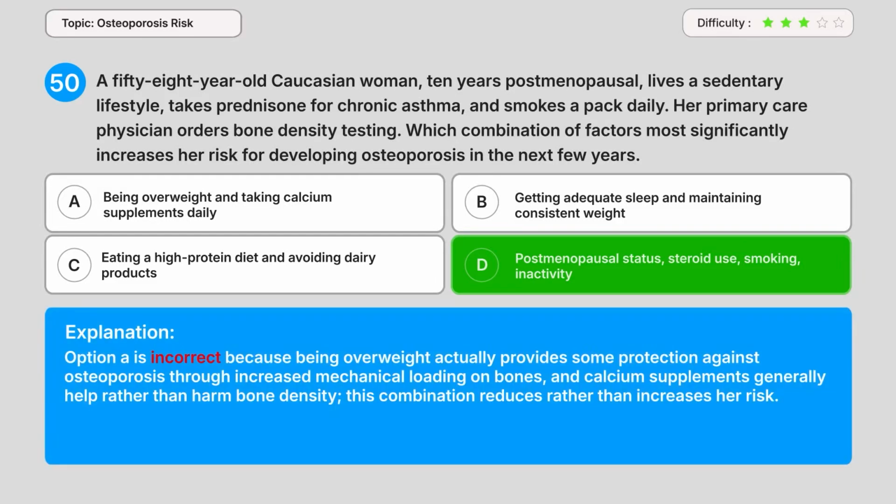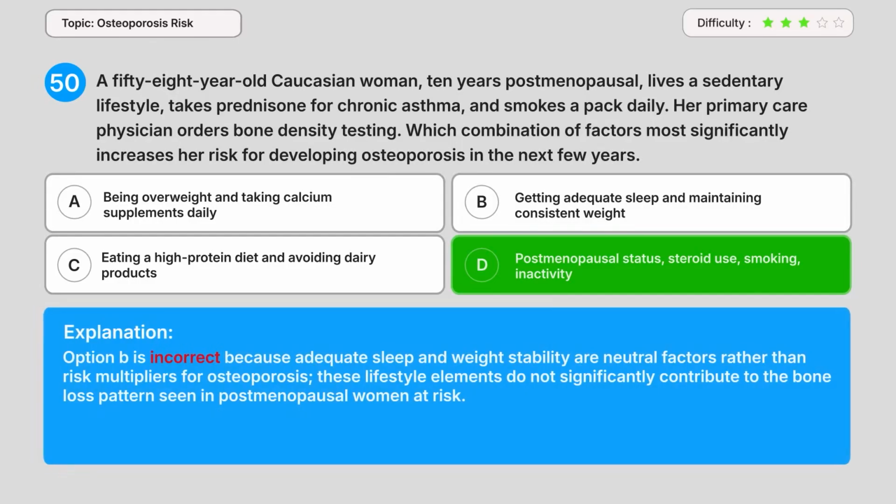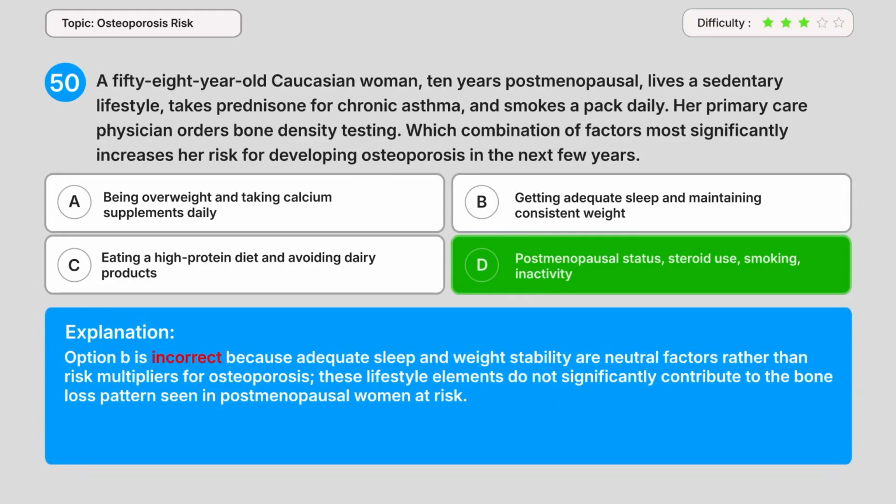Option A is incorrect, because being overweight actually provides some protection against osteoporosis through increased mechanical loading on bones, and calcium supplements generally help rather than harm bone density. This combination reduces, rather than increases her risk. Option B is incorrect, because adequate sleep and weight stability are neutral factors rather than risk multipliers for osteoporosis.